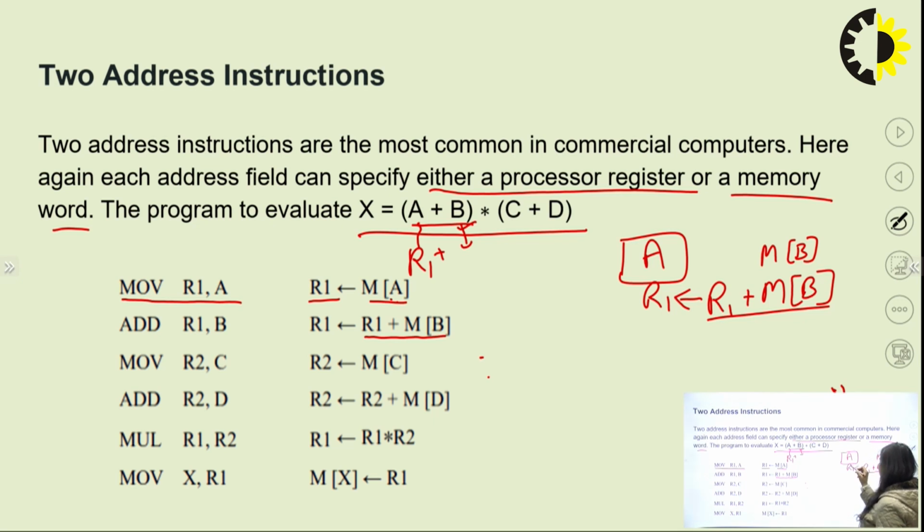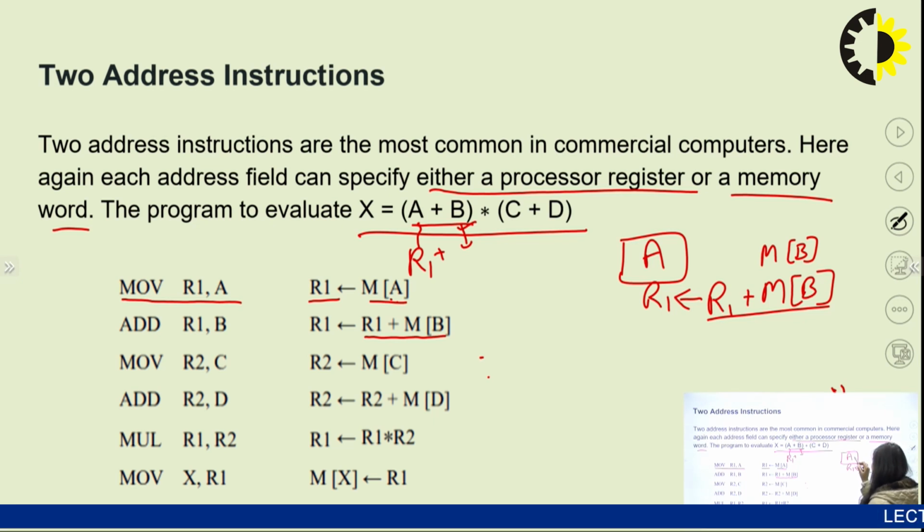Means now R1 includes A plus B. So R1 holds the resultant of A plus B.